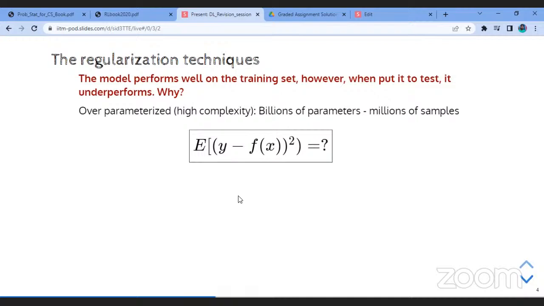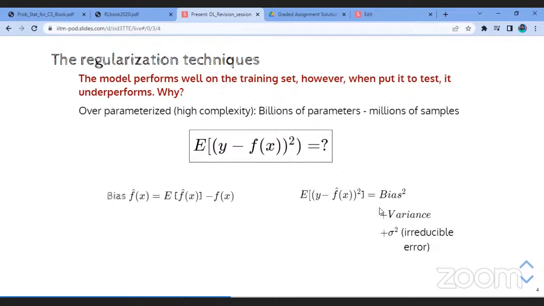In order to solve this, we took an important concept. We introduced bias, variance, and the irreducible error, and we talk about bias and variance in order to interpret the solution of this equation.